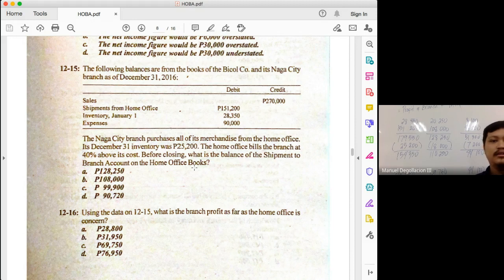You're asked to look for the markup on the beginning inventory. How much was the beginning inventory? 28,350. How much is the markup on the 28,350? It's the 8,100.